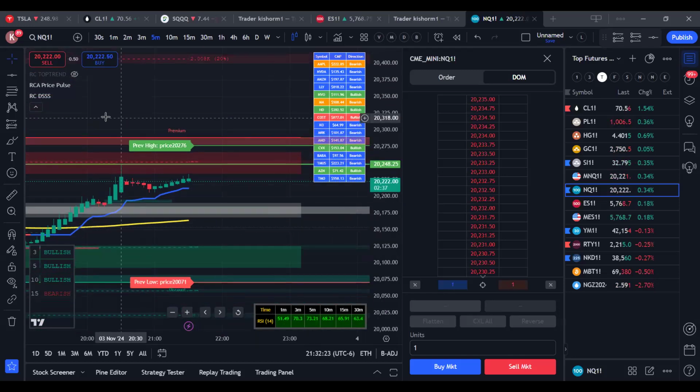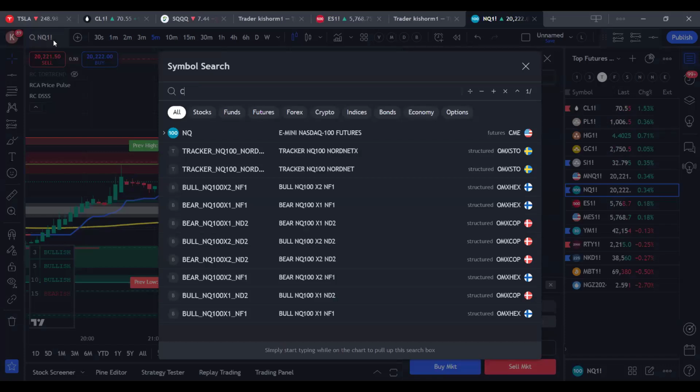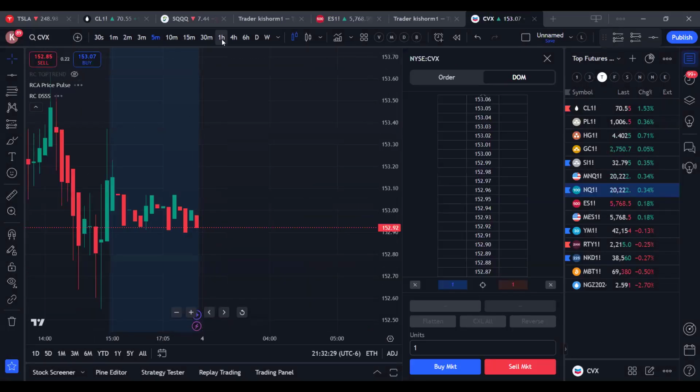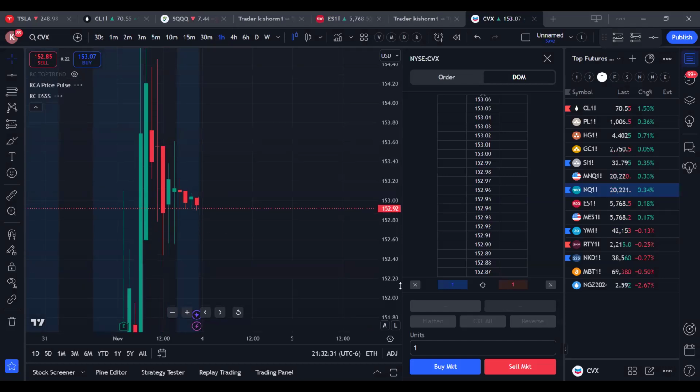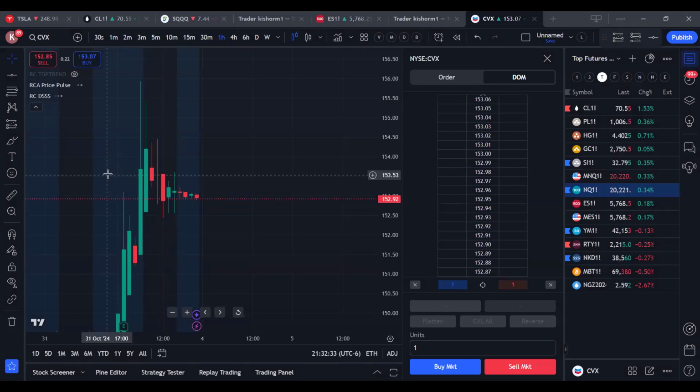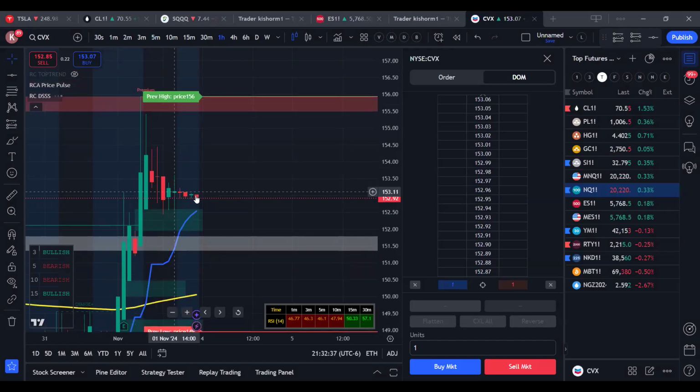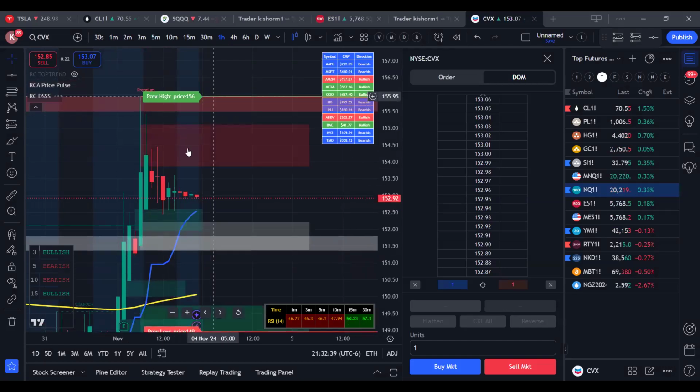Yeah, that's it everyone. So tomorrow we may see most of the oil stocks also moving good. CX, it will do one more double top.